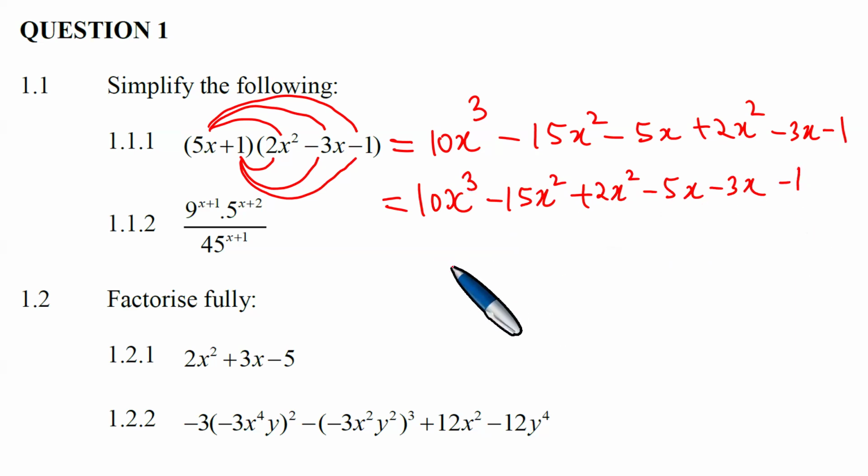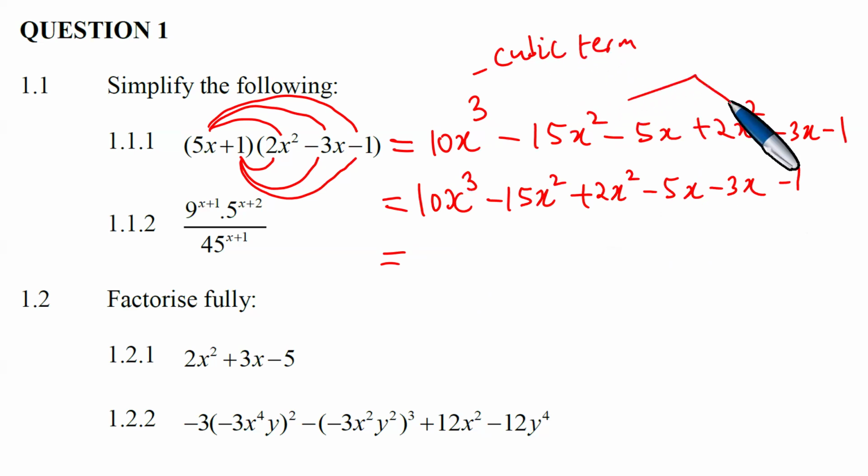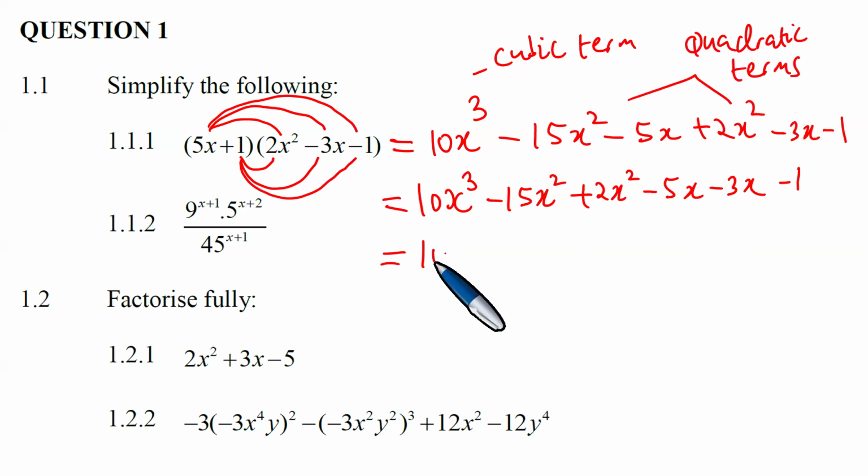We've collected the like terms. This is called the cubic term. And these ones here that have the squares, what do we call them? We call them quadratic terms.